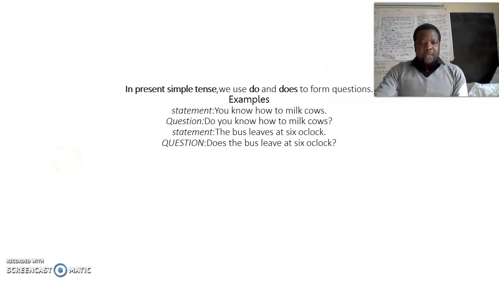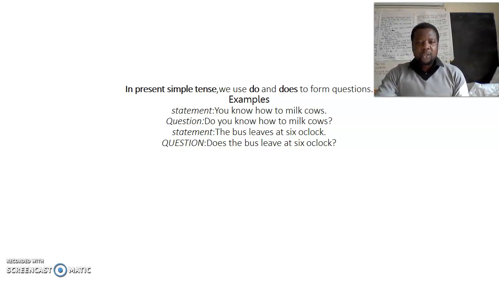In present simple tense, as you can see, we use do and does to form questions. In other words, what are you saying? That if a statement does not have a modal auxiliary verb, just like in question tags where a statement does not have a helping verb, it is the same way here.